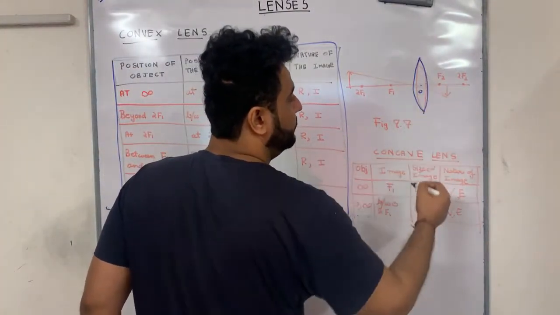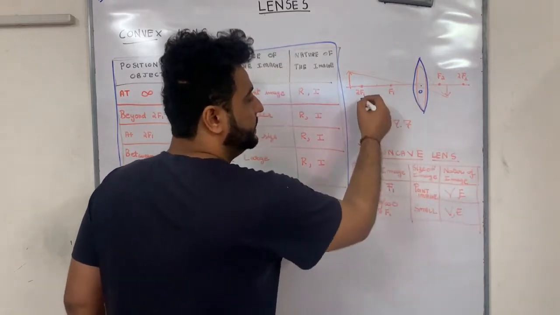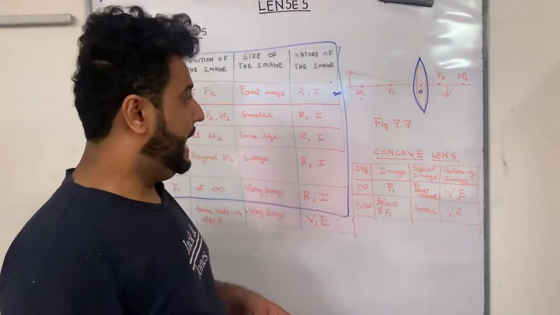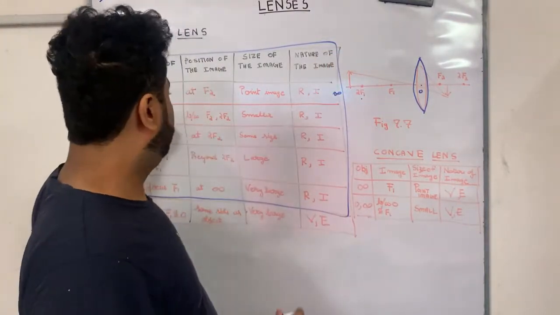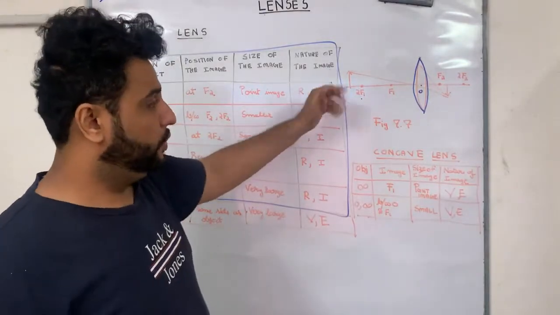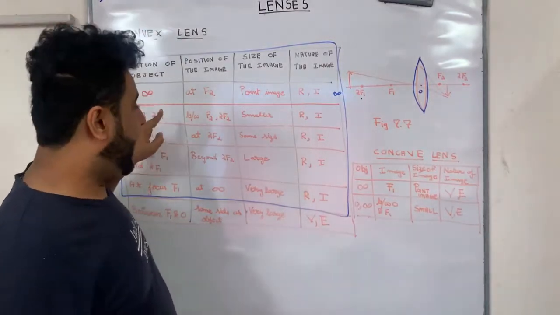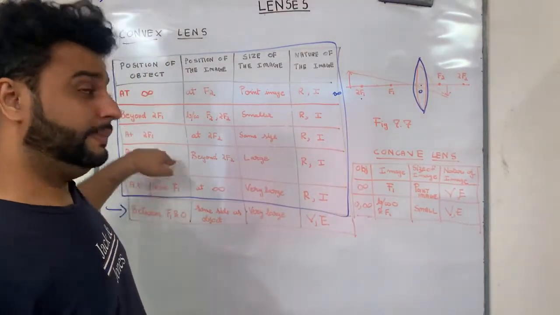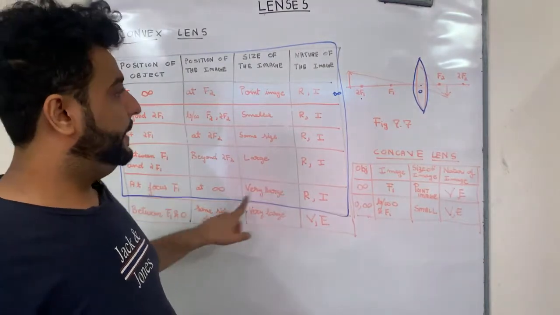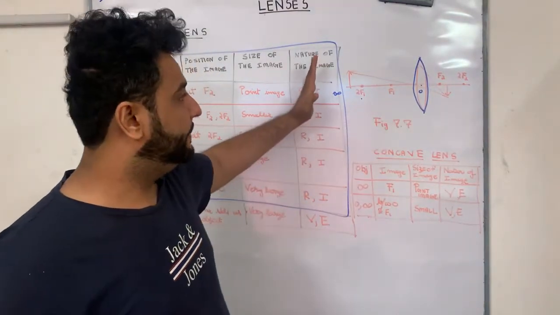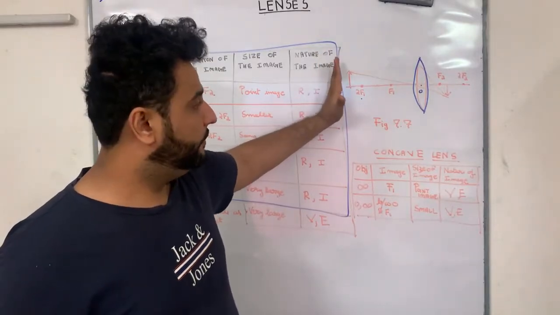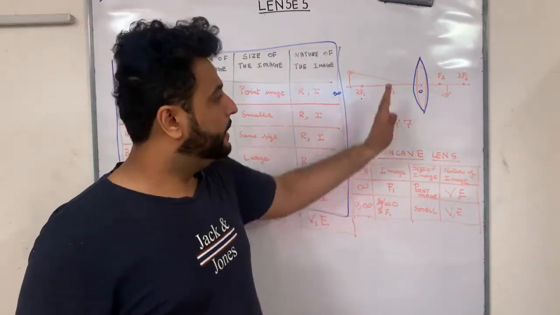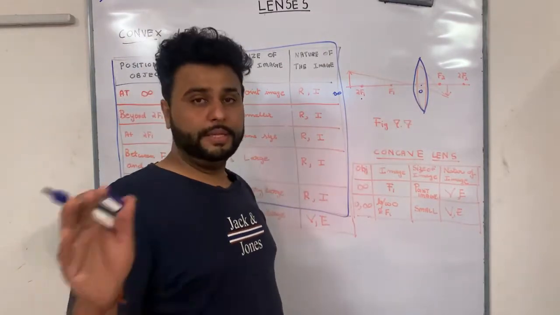This is my O. This is my focus f1, this is double focus 2f1, and over here it will be somewhere infinity. Now, I can either place my object at infinity, beyond 2f1, at 2f1, between f1 and 2f1, at f1, and between f1 and optical center.